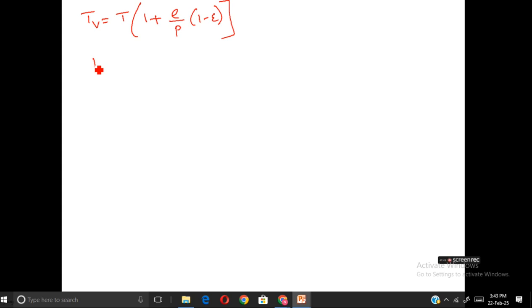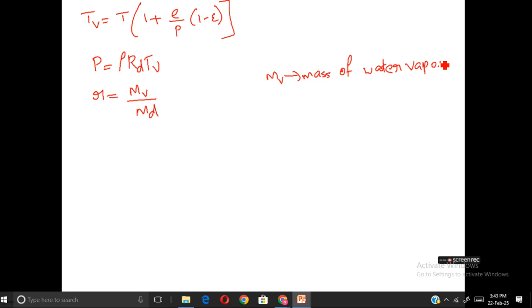And the ideal gas law for a moist parcel is given by p is equal to rho R_D T_v. And we learned what the mixing ratio of an air parcel is. Mixing ratio is given by mv by md, where mv is the mass of water vapor and md is the mass of dry air.